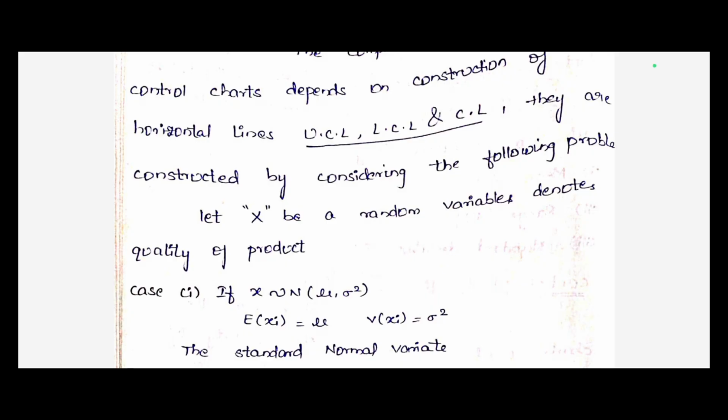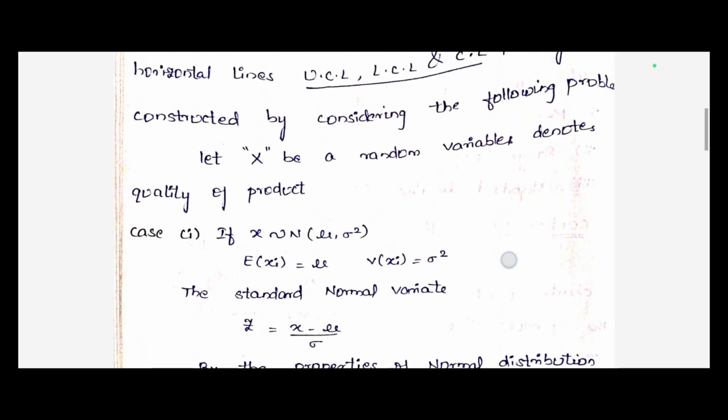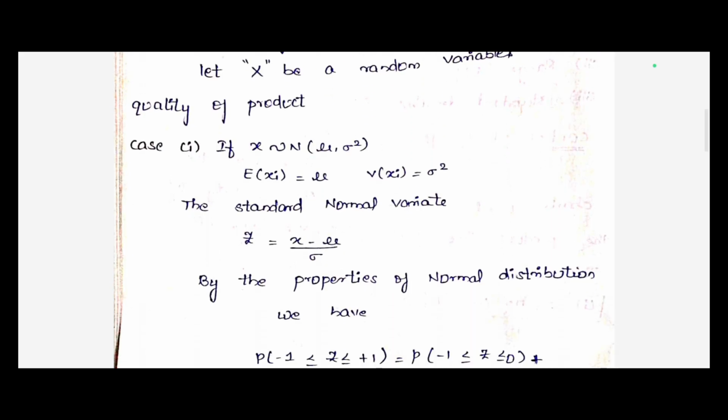Let x be a random variable denoting the quality of the product. In case 1, x follows a normal distribution with mu, sigma square. Expected value of x is mu and variance of x is sigma square. The standard normal variate is z equals x minus mu divided by sigma.